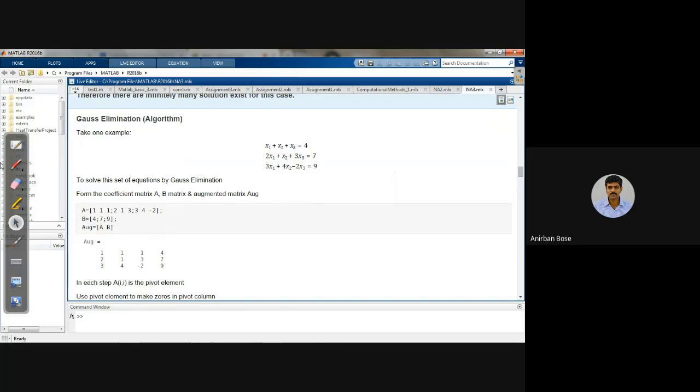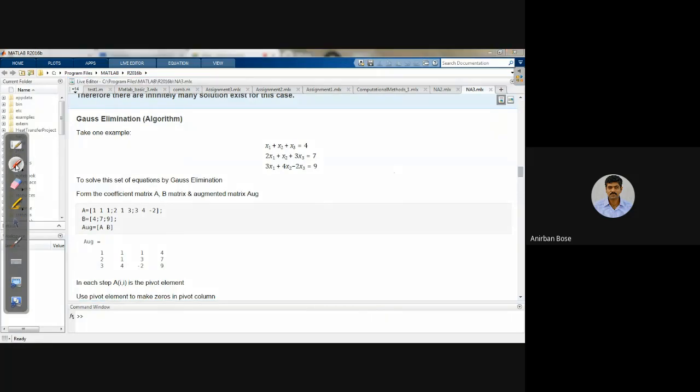Okay, so the algorithm is very simple. First of all, you see these are the equations. Let us take three variables. You can understand what the A matrix is here. The A matrix is clearly 1, 1, 1, the coefficients of x1, x2, and x3.